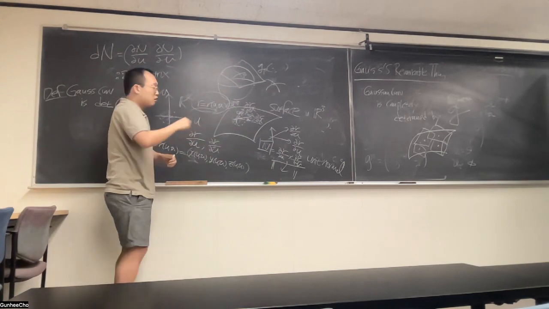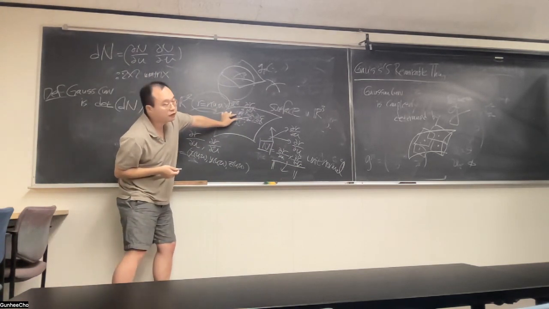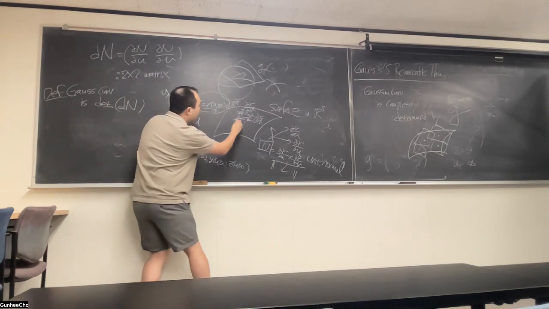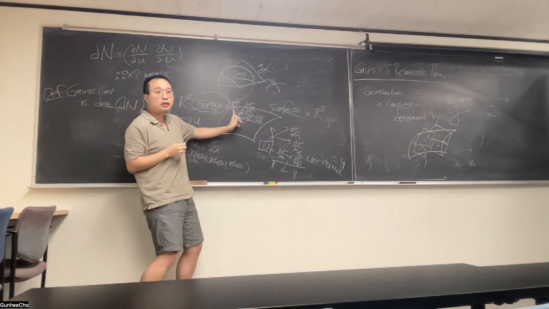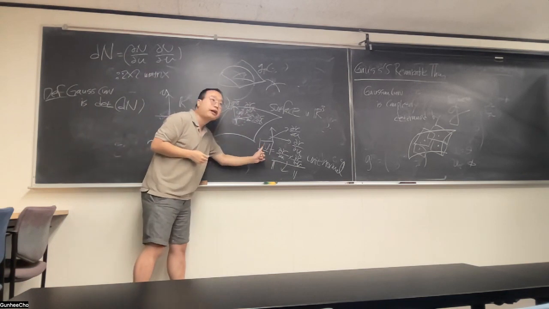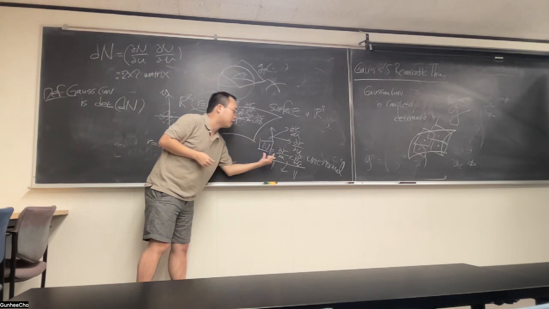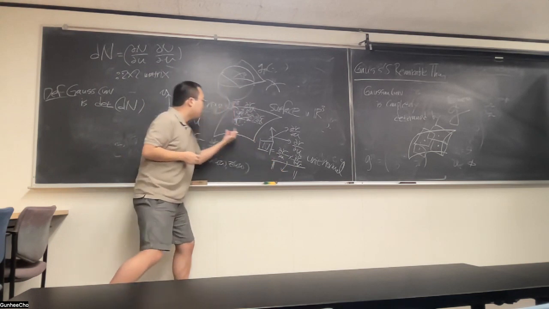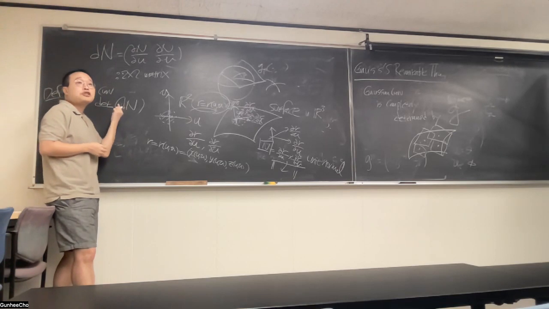You agree? So what I said is that we first create two linearly independent directions, and then we are looking at the direction outside from the tangent space. Is it clear? And we denote it by the capital N. And dividing by the magnitude is nothing but the scaling. And then we take the further derivative, and then we just look at the determinant. This is the definition of the Gaussian curvature.